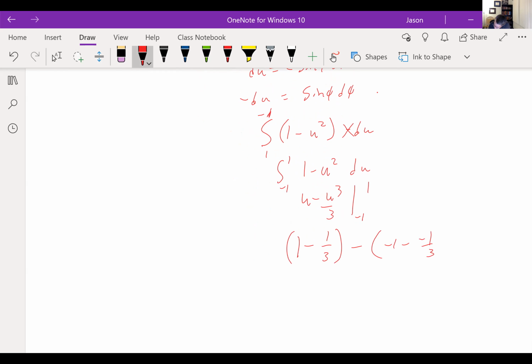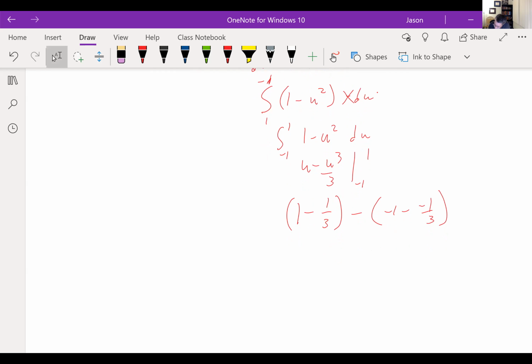Interesting. So this is 2/3, and this is negative 2/3. So that's minus a negative 2/3, which is 4/3. So 4/3 is what I get from that.